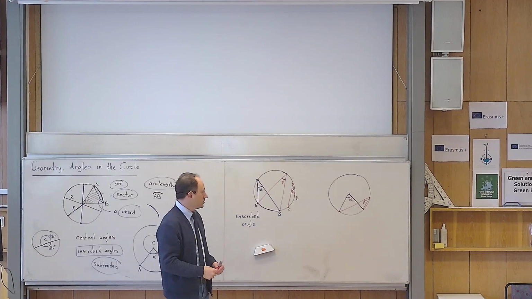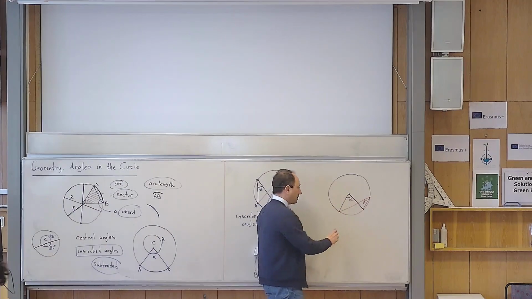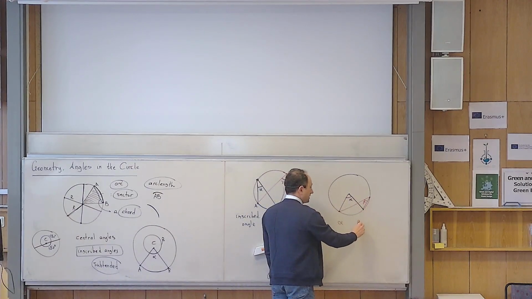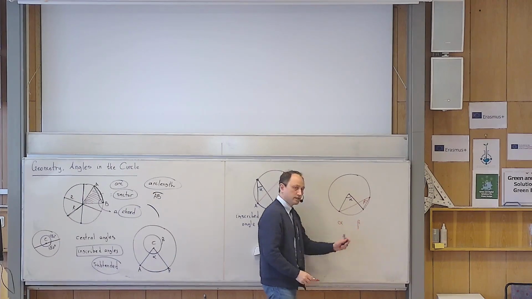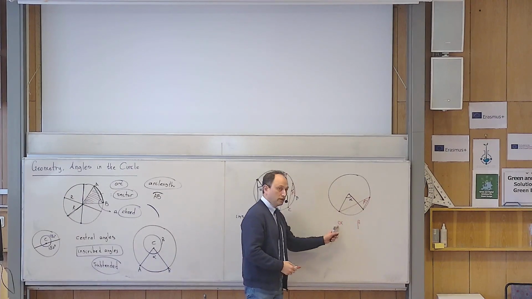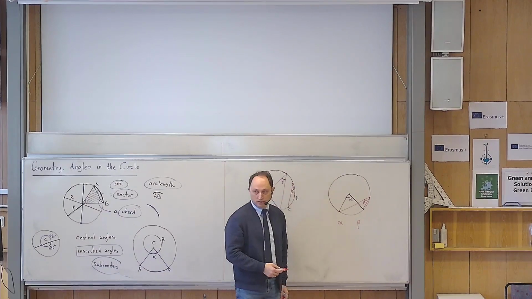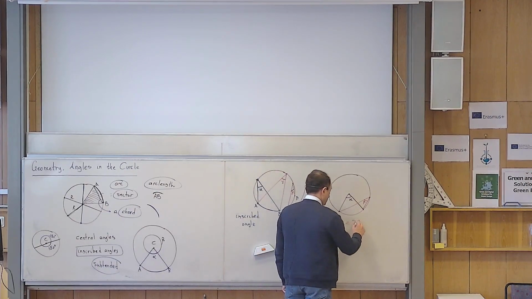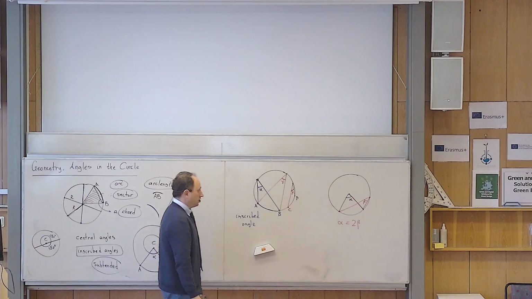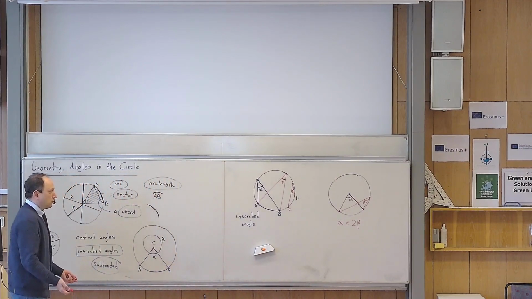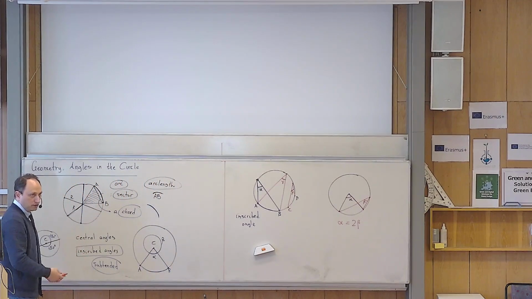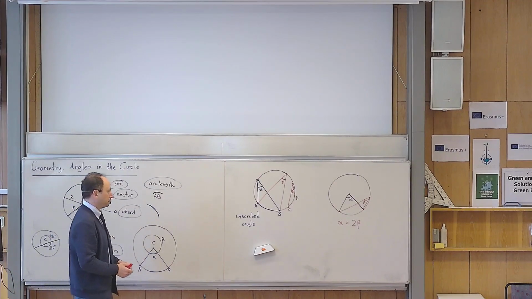If this happens, the size of the central angle and the size of the inscribed angle are very nicely related. This one is exactly 2 times larger than this one. We don't know why yet. I just want to tell you the results, and then we go through understanding why this is the case.